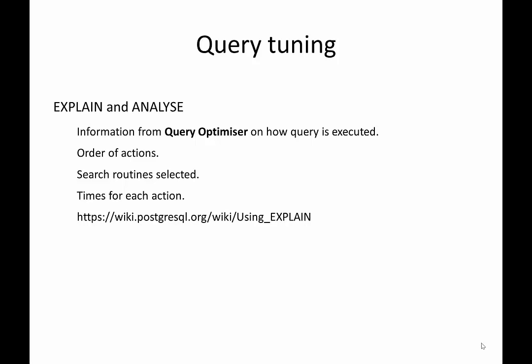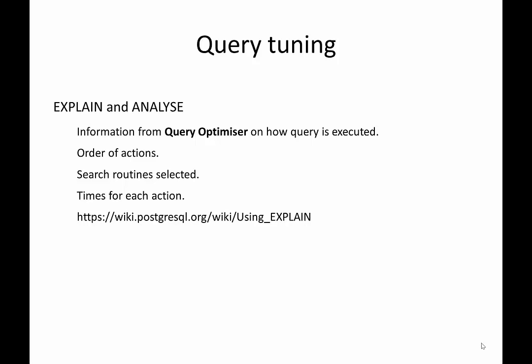They can use the explain and analyze commands, which I think we've mentioned before, which give you information from the database about how the query is planned and executed: the order of the actions, what search routines are used, whether indexes are used or not, and the times taken for each of the actions. So a skilled database administrator can actually devise query plans that are more efficient than the query optimizing software can. So humans are better than computers in this case.